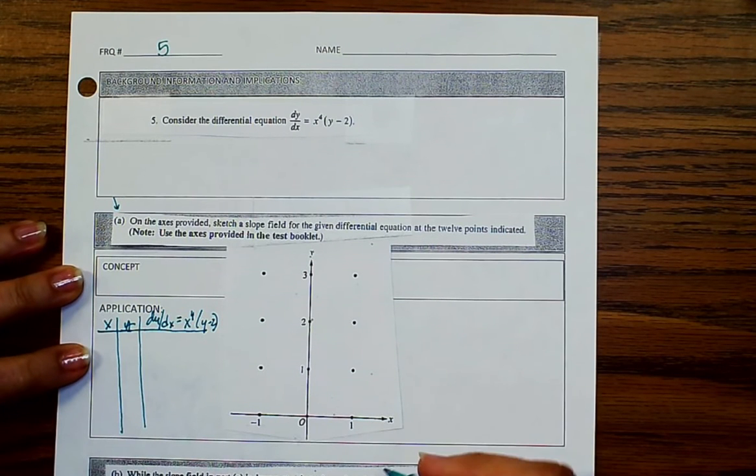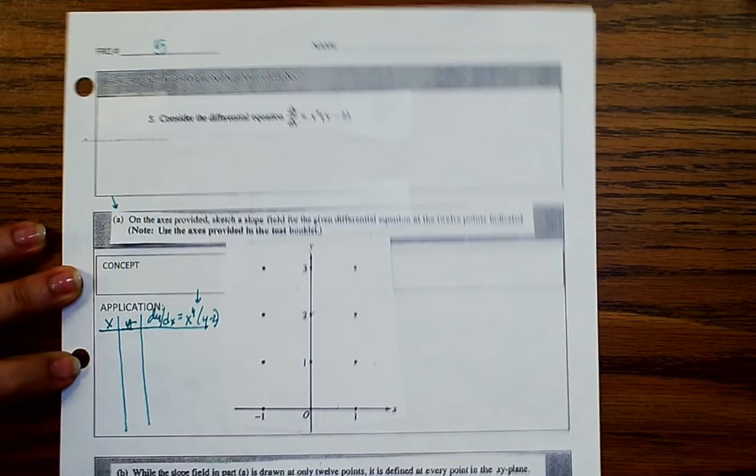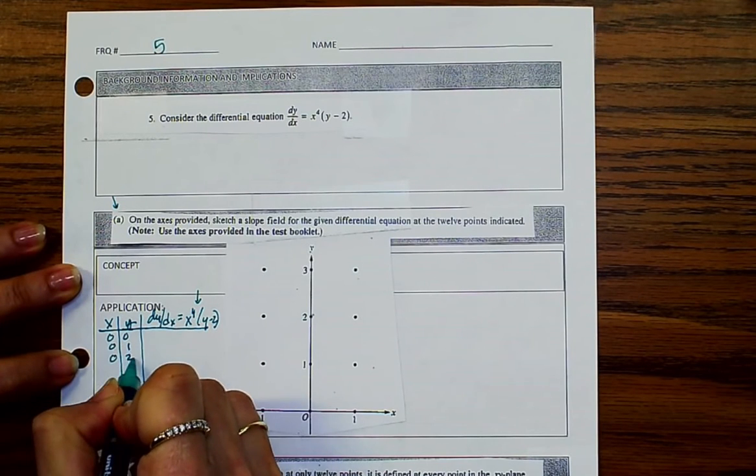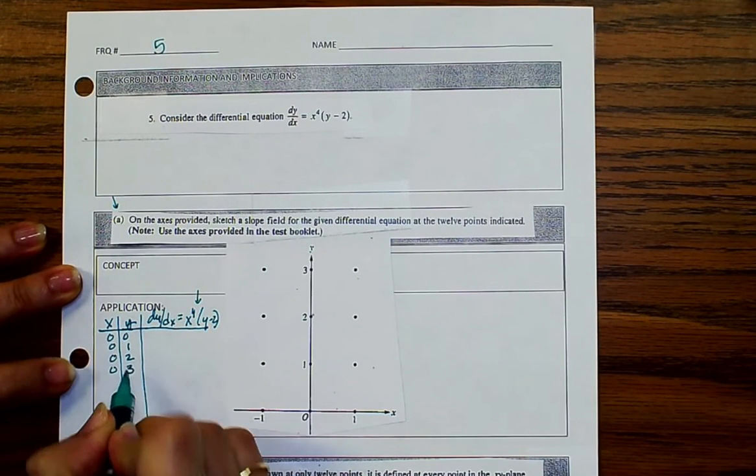Since my derivative is a product of a power of x and y, let's start with all the points where x is 0. That would be the points (0, 0), (0, 1), (0, 2), and (0, 3).